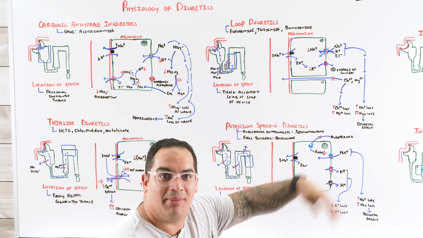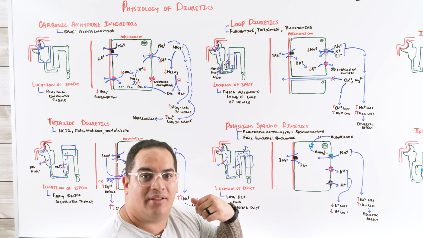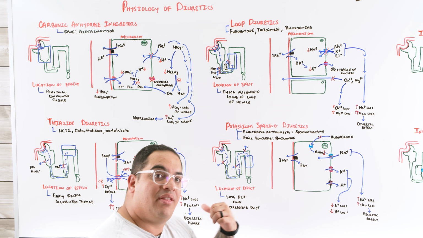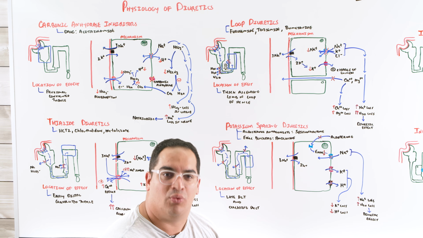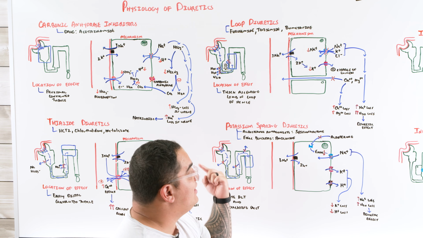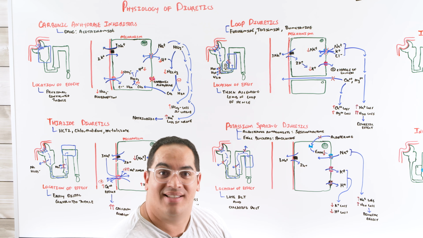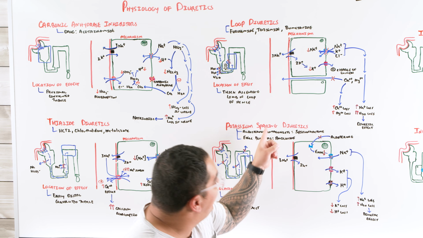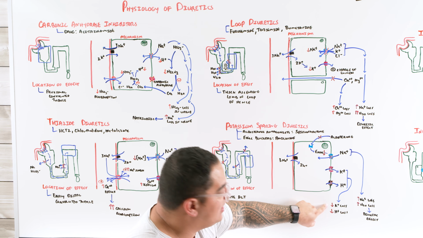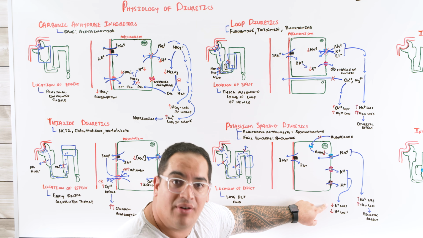Loop diuretics lead to potassium loss. Carbonic anhydrase inhibitors lead to potassium loss. Thiazide diuretics lead to potassium loss. The reason why is because all of them lead to increased distal sodium delivery, which causes potassium to get yanked out of those cells in the collecting duct. Potassium-sparing diuretics are the only ones that don't cause potassium to be lost into the urine as much.